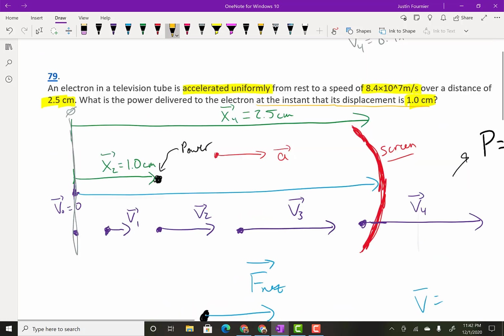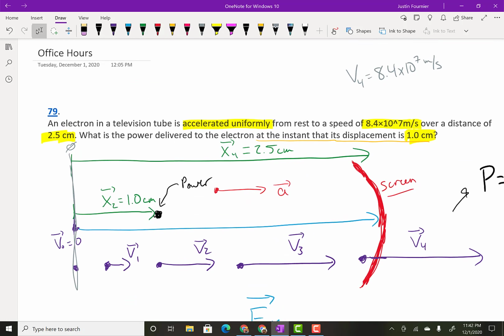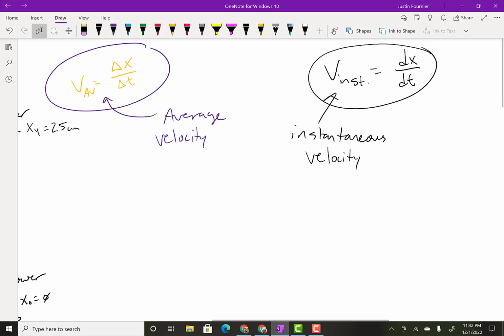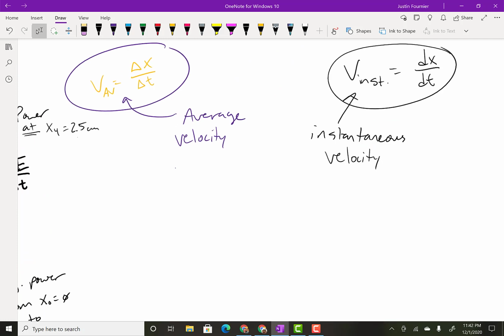Okay, next up, let's talk really briefly about average velocity and instantaneous velocity before I go any further. The average velocity is: pick any two positions, and divide by the time it takes that object to travel between them, and you'll have yourself an average velocity.